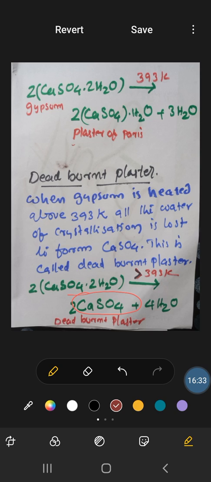CaSO4 is known as dead burned plaster. So note it. So how is dead burned plaster formed? When gypsum is heated above 393 Kelvin, all the water of crystallization is lost to form CaSO4, and the CaSO4 is known as dead burned plaster.